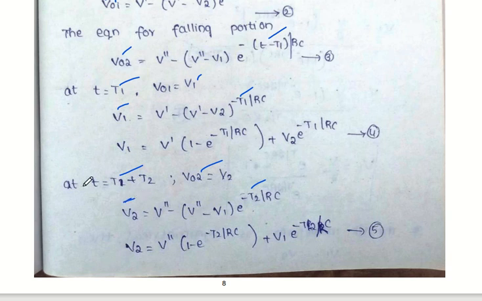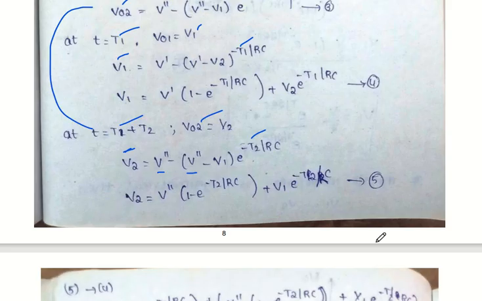So by substituting this condition into this equation, we get V2 is equal to V double dash minus (V double dash minus V1) into e power minus t2 by RC. So here also this is the V double dash term, and this is the V double dash term. Take V double dash as common in these two terms. Therefore V double dash into (1 minus e power minus t2 by RC) plus V1 into e power minus t2 by RC. That is represented with equation number 5.